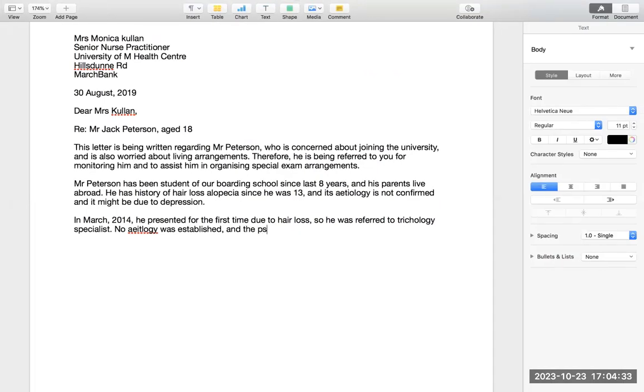This is a difficult line, so see how simple you can make it: the possible reason seemed to be stress. Now I want to write "so", but why repeat again? So I will change the connector: for which steroid was commenced.